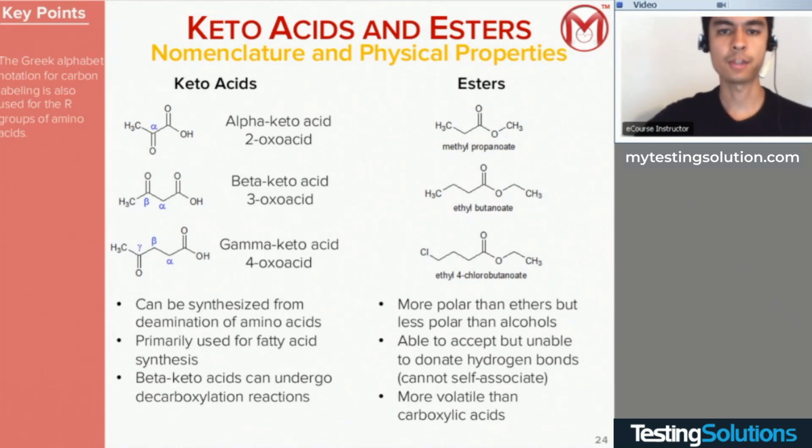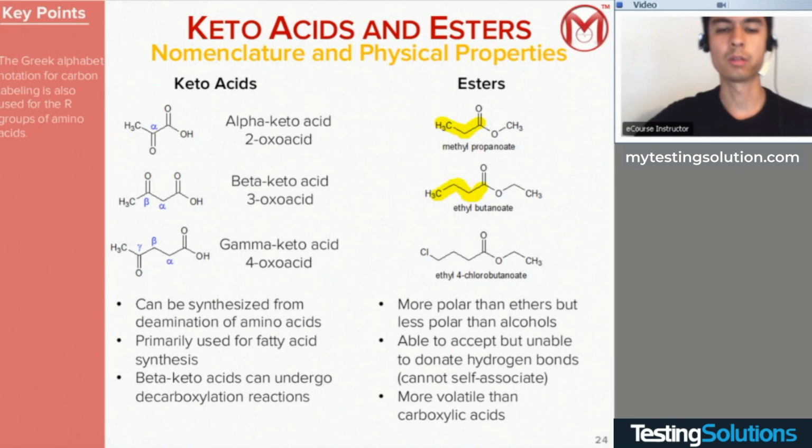Esters, as you can see, their nomenclature: methyl propanoate, ethyl butanoate. The methyl or ethyl, the one that comes first, is the one that is esterified onto the compound. The propanoate, butanoate refers to the molecule that's actually attached to the carbonyl.